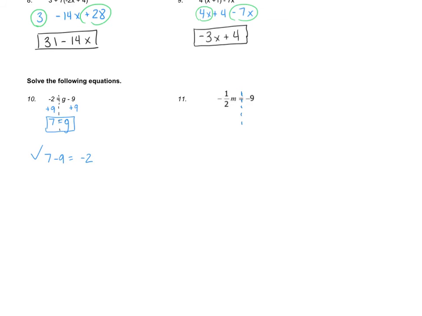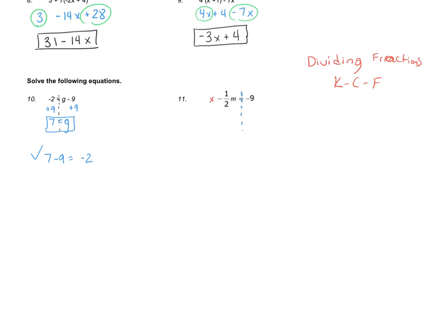Over here, remember this is 1/2 times m. So the opposite of multiplying is dividing. Remember, when we're dividing fractions, we do our keep, change, flip.